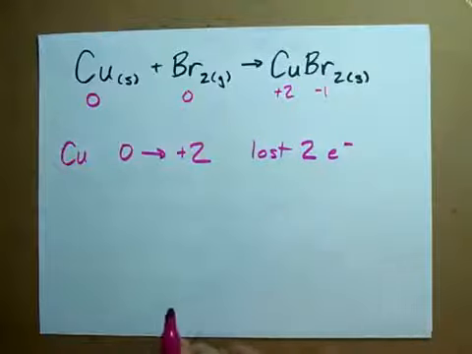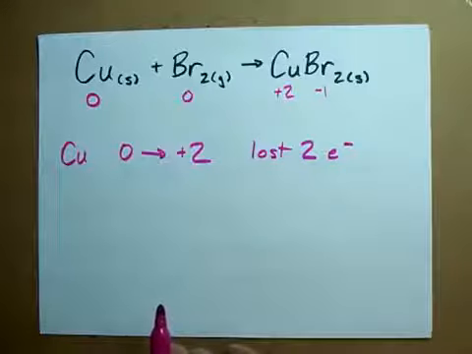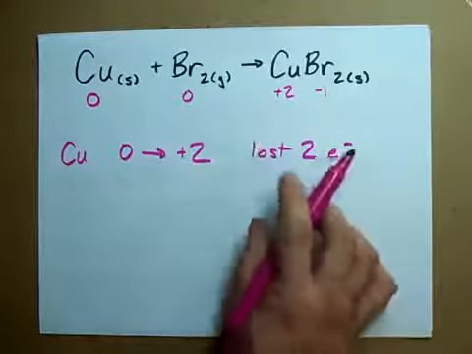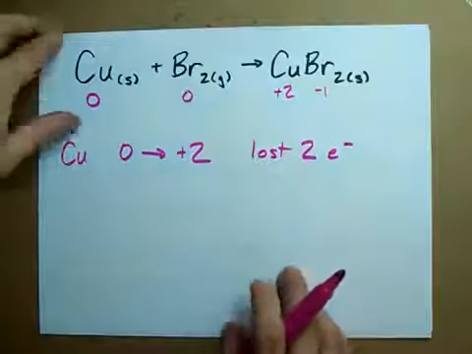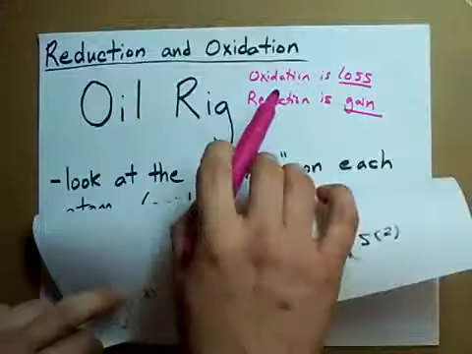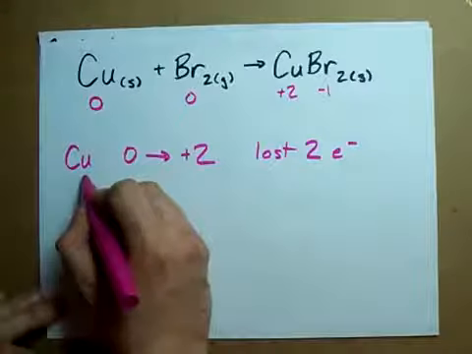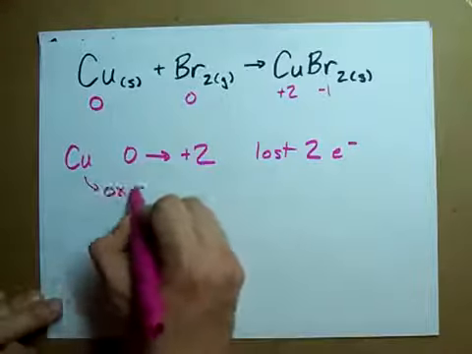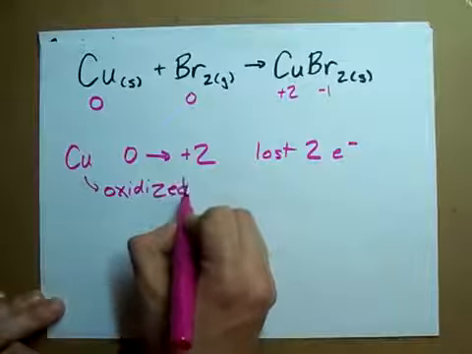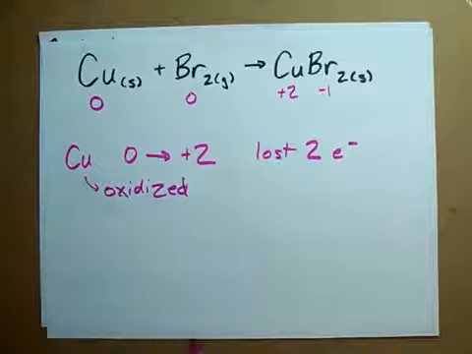He lost 2 electrons. A loss of electrons? Let me take a look here. It says here oxidation is a loss of electrons. So the Cu has been oxidized. That's how you can tell.